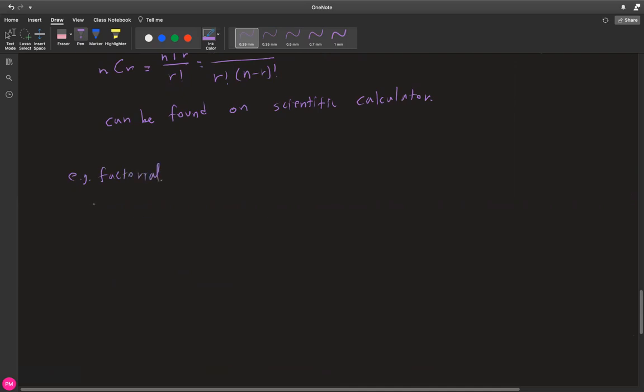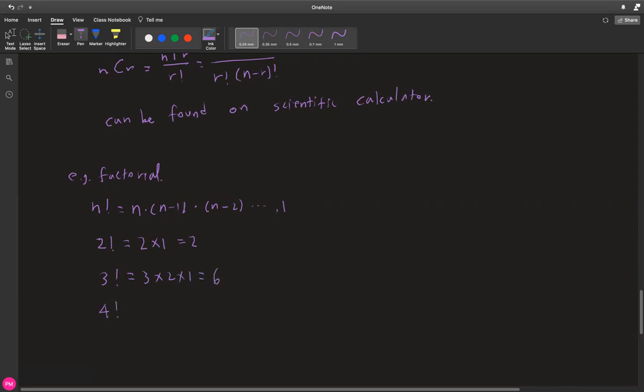N factorial I have defined as n multiplied by n minus 1 multiplied by n minus 2 all the way down to 1. Putting that into practice, 2 factorial is simply 2 multiplied by 1, which is 2. Similarly, 3 factorial is 3 multiplied by 2 multiplied by 1, which is 6.